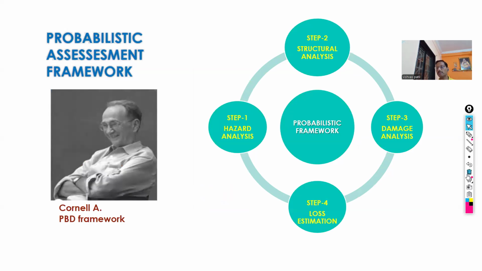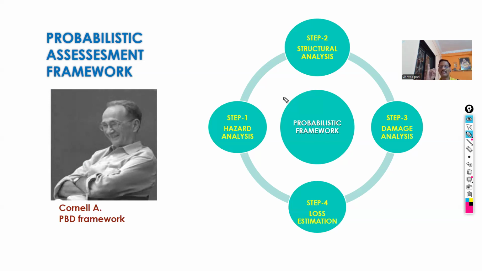Okay, now this probabilistic seismic assessment framework: many researchers worked to develop it, and one of the pioneer researchers is Cornell, from Berkeley, California. This framework consists of 4 steps.